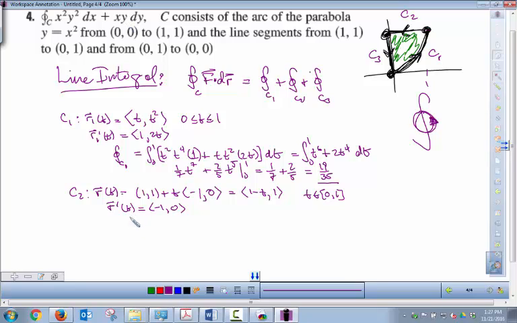All right, let's find our integral for C2. Integral from 0 to 1 of x. X is 1 minus t. Now we've got to square that. Y is just 1. And dx looks like it's -1.